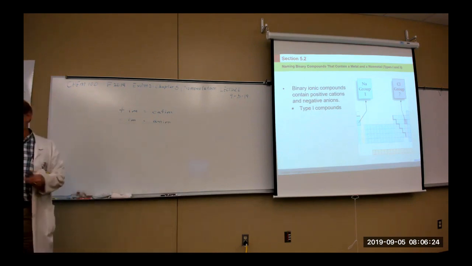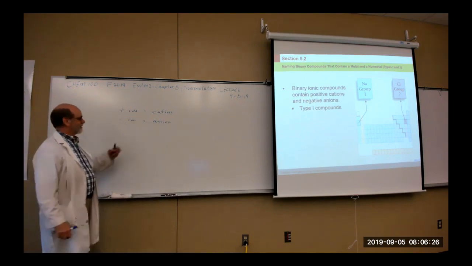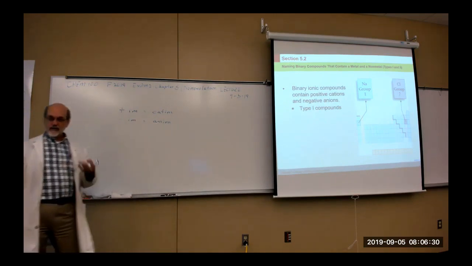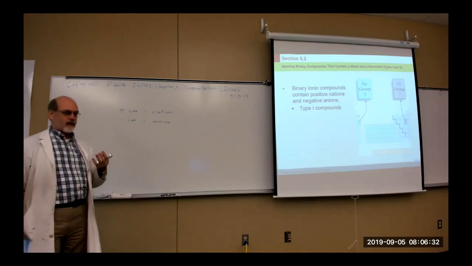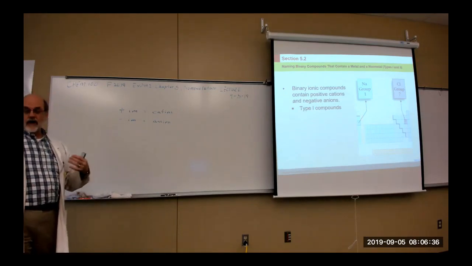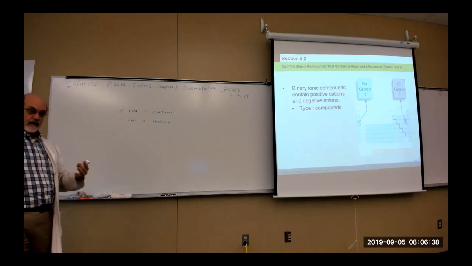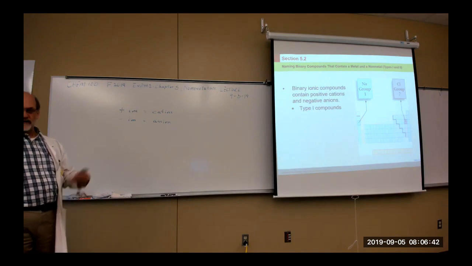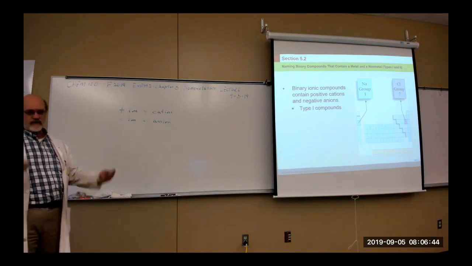You just have to memorize it. Cation for positive, anion for negative. So the binary compound is a combination of cation and anion. And in writing the compound and in naming it, the cation always comes first. We do positive, then negative. That's just a convention.